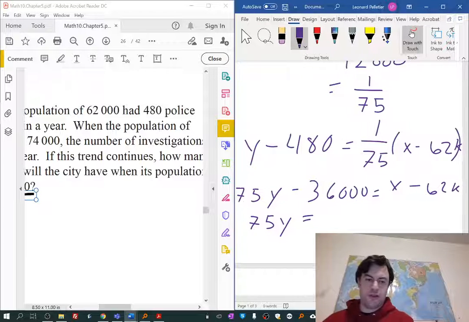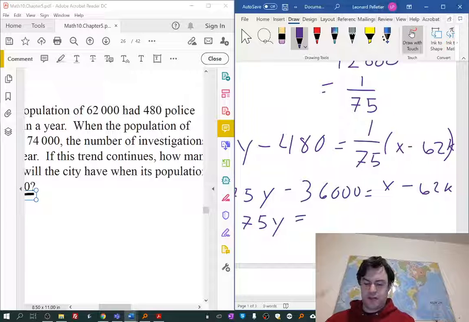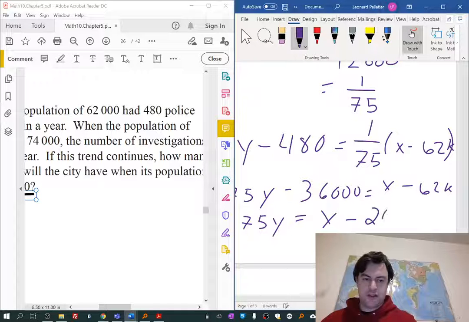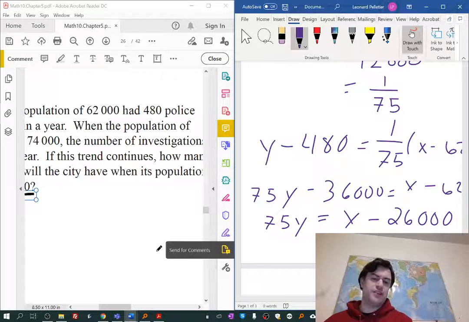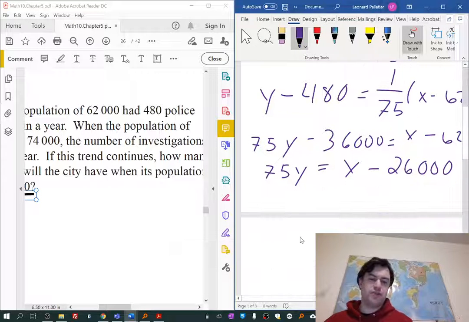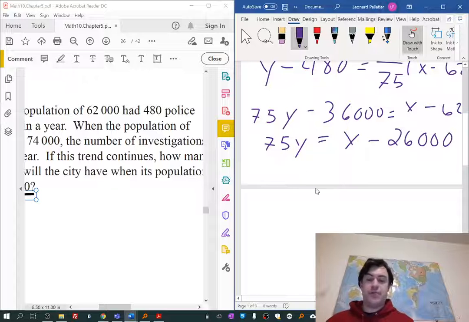So that will become, I guess, x minus 26,000. And then I guess I'll just divide. I end up just dividing by 75 anyways. So I'm not sure if that was such a great path. I mean, I guess I'm happy now.